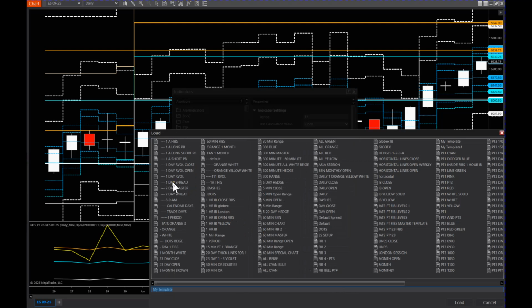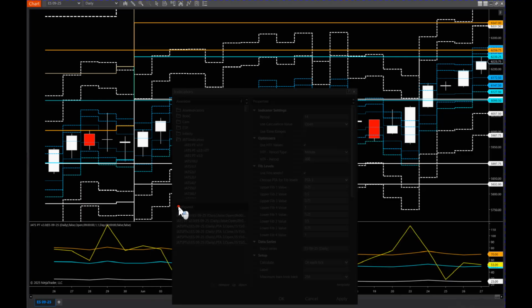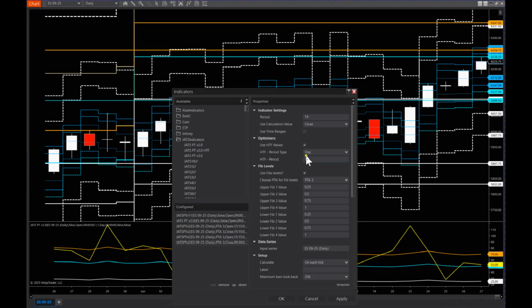Hang on one second. This is the reason it's different than the monthly candle, the 3 month, is because of the difference in the open of the daily open versus the 3 month open. And then here's a close.